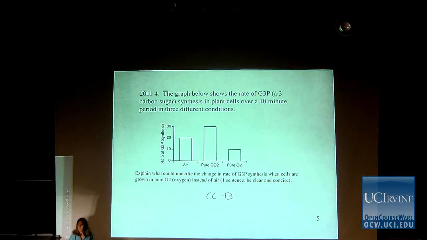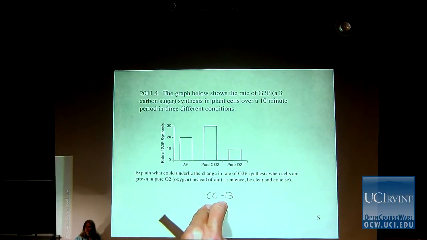The reason I'm including this one is for our wonderful TAs, because what we want you to be able to do is answer this question with one sentence and be clear and concise. Don't write a paragraph. So I'm going to want you guys to do this with the people around you on a class card, number 13, and you're going to turn this in and try and answer this question. It can be answered and you get full credit in a single sentence. And it's not even a long sentence.